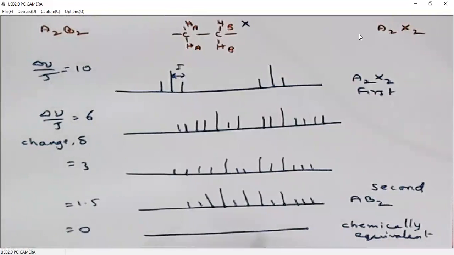They will give only one signal, and they will not split each other also. So we will get a singlet, and it is called A4, because we have 4 protons.